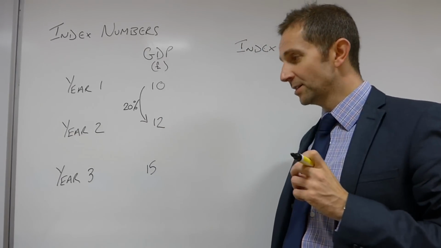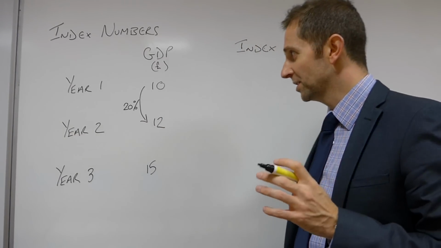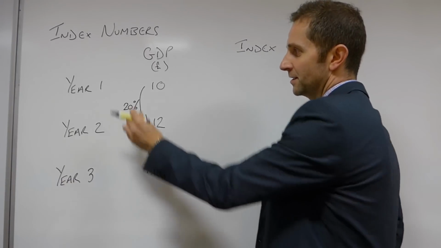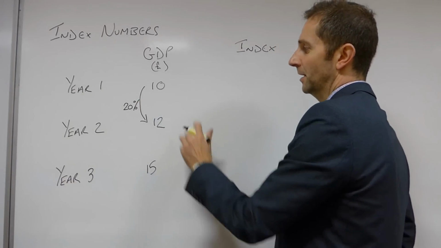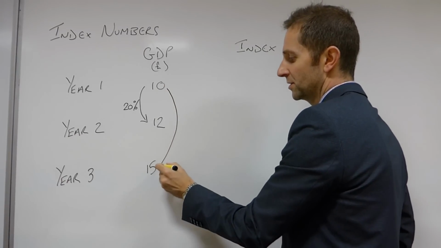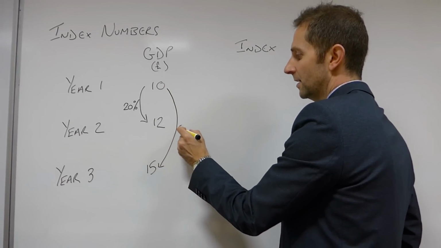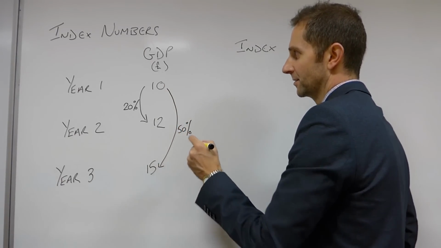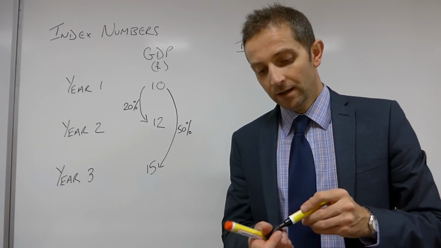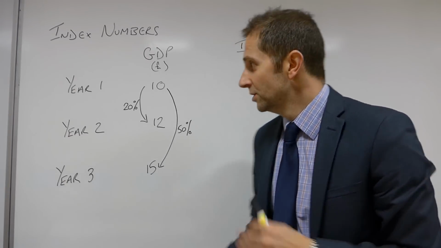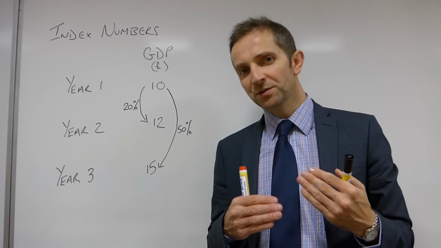Similarly, you might also be asked to calculate the percentage change from 10 to 15, so from year 1 to year 3. And again, you can probably just look at that and you know in your head that that is 50%. In economics, of course, GDP numbers would be much more substantial than this.